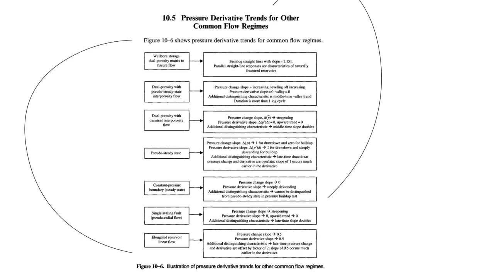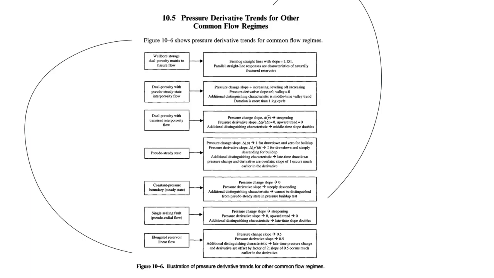Duration is more than one log cycle. Then dual porosity with transient interporosity flow. Pressure change slope: steepening. Pressure derivative slope: upward trend equals 0. Additional distinguishing characteristic: middle time slope doubles.